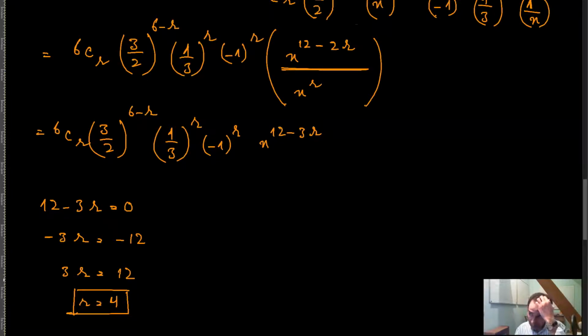And that is basically the fifth term. When r is equal to 4, that is T5, the fifth term of the expansion.